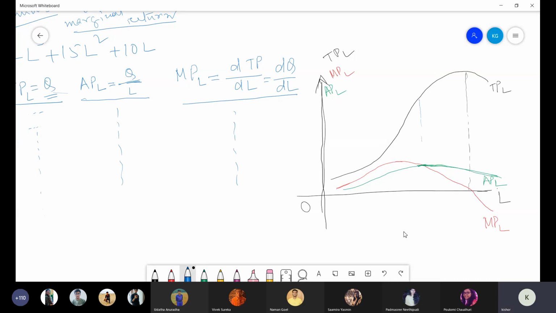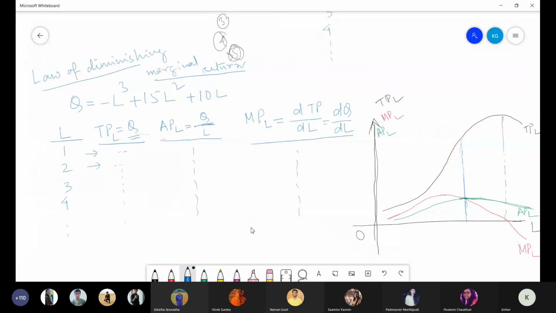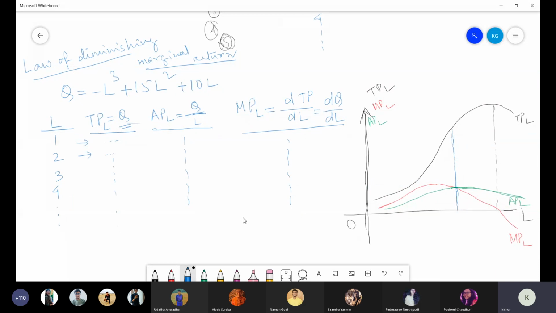And what is the law of diminishing marginal returns? What we wrote here. The law of diminishing marginal return says that when more and more units of a variable input, labor being a variable input, are added to a certain amount of fixed input, because your original equation is labor and K bar.